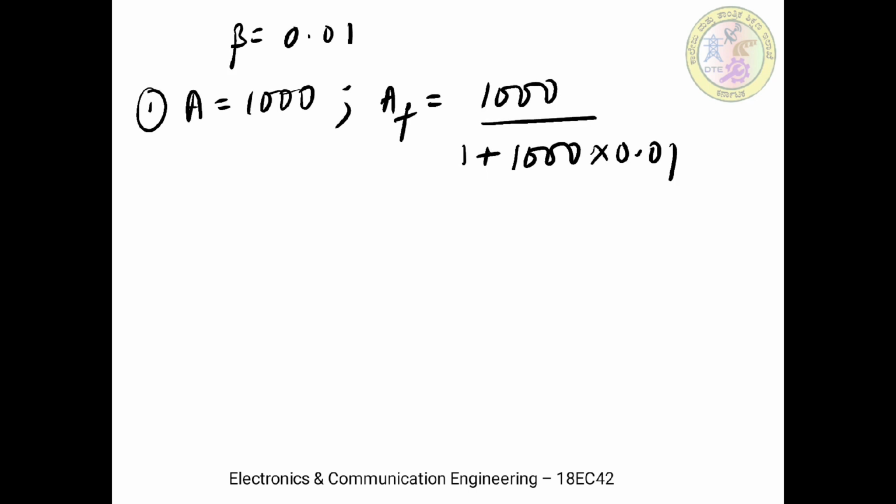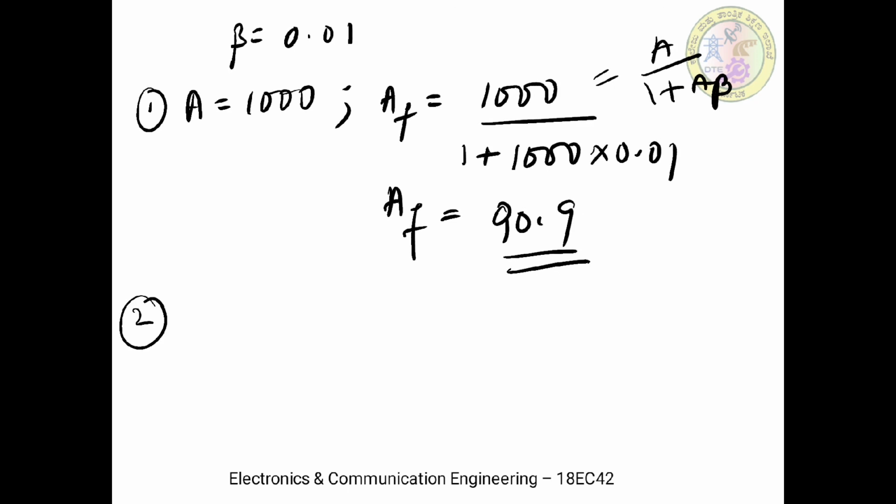With this, the feedback gain AF will be given by 1000 divided by 1 plus 1000 into 0.01. This equation represents AF equal to A divided by 1 plus A into beta. With this, the AF value is around 90.9.